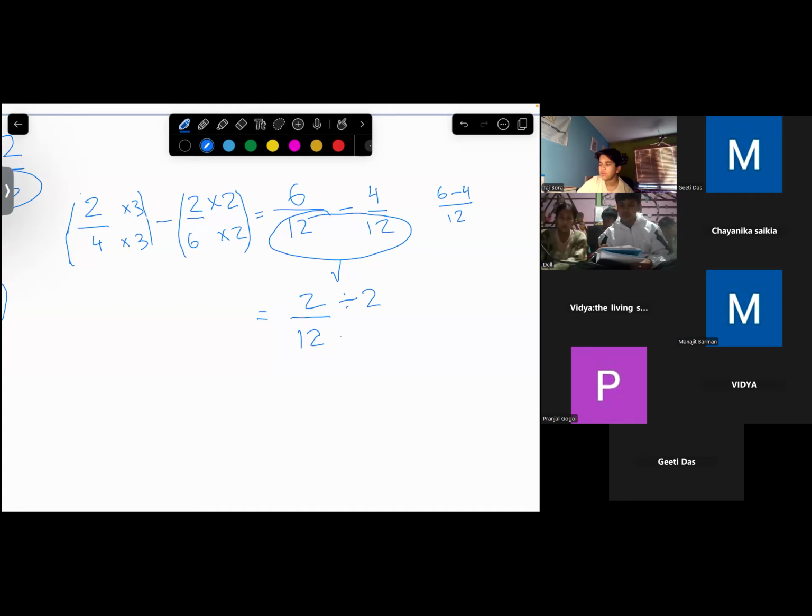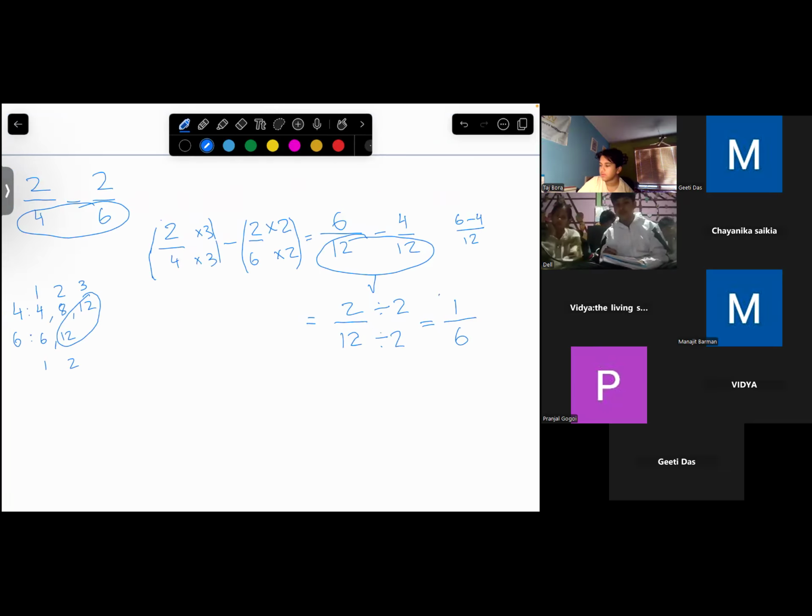So, you want to test out numbers both on the top and bottom where you get integer values, so the numbers are not decimals. So 2 divided by 2 would be 1, and 12 divided by 2 would be 6. So the answer would be 1 over 6.